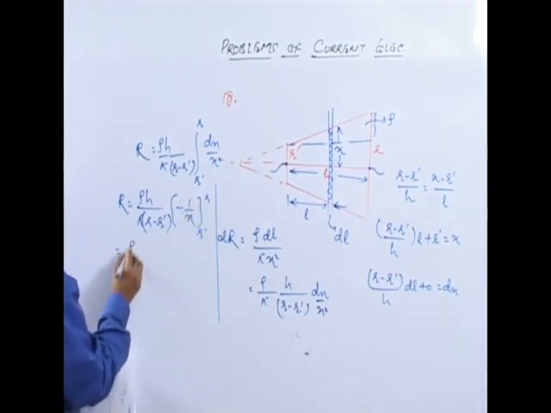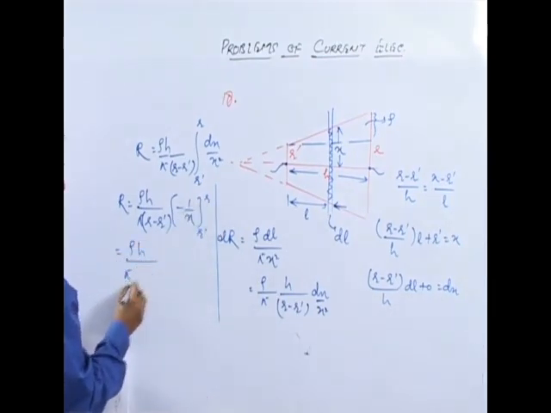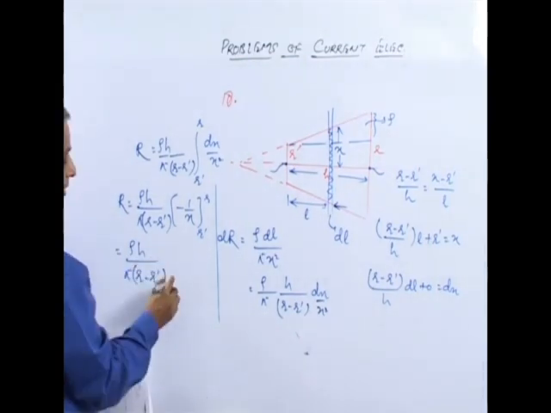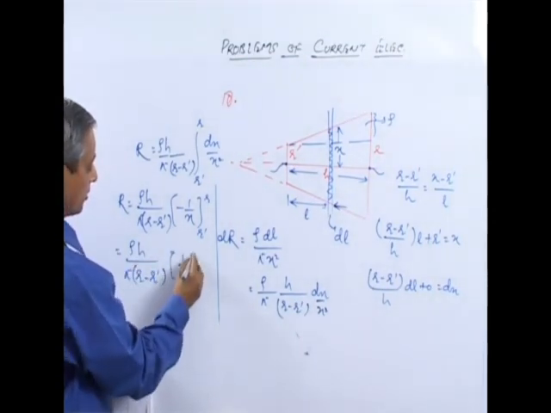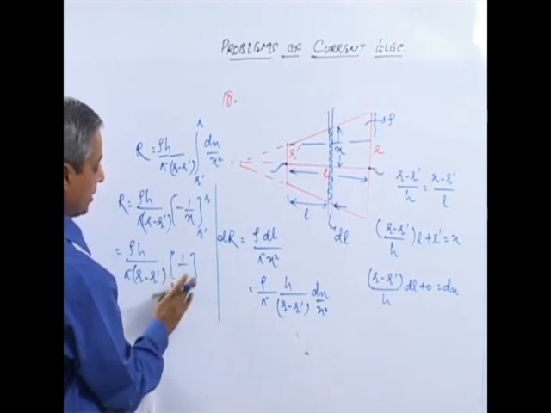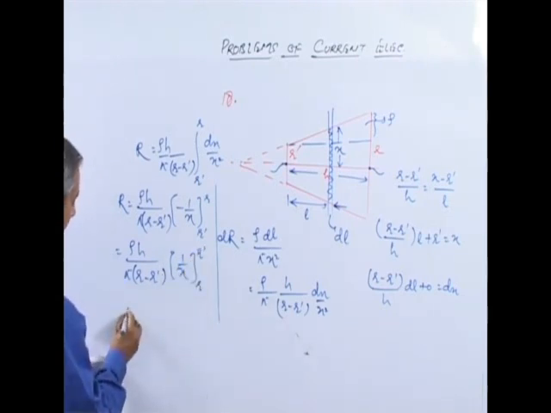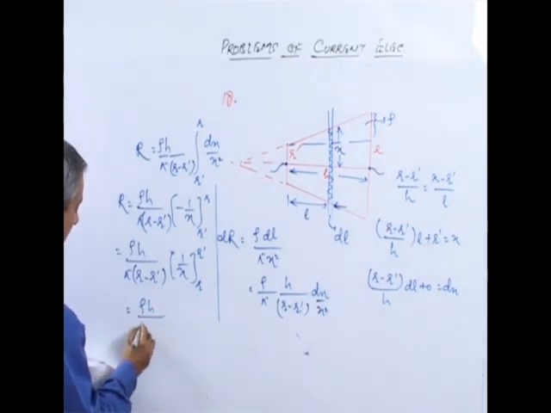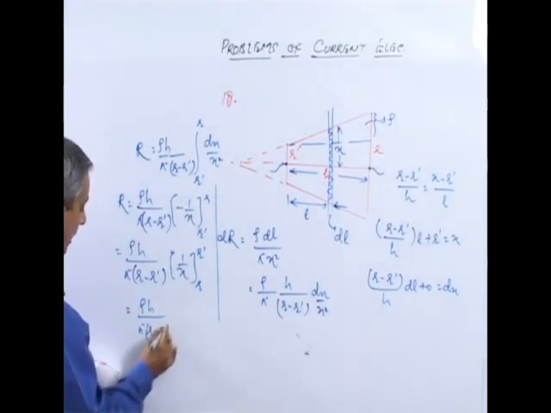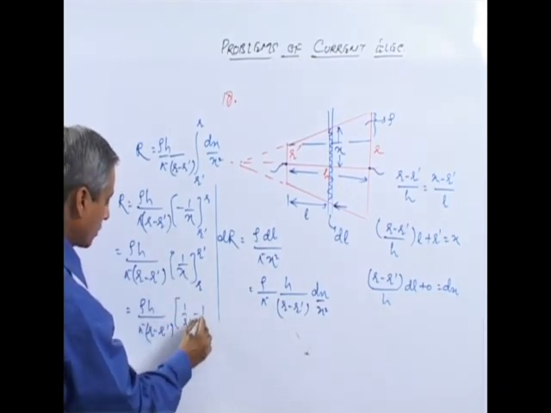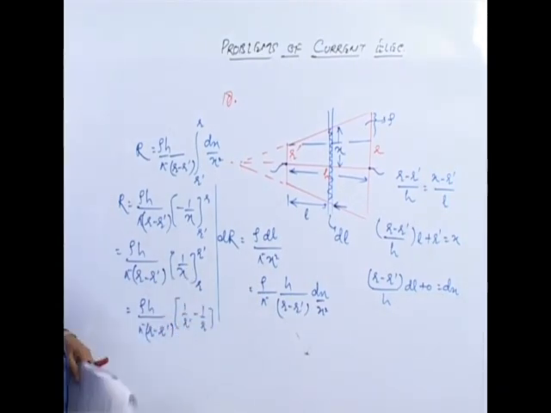If you try to adjust the negative sign in front of it, you just change the integral limits, make it r to r dash, and then it is rho h upon pi (r minus r dash), and this will become 1 upon r dash minus 1 upon r.